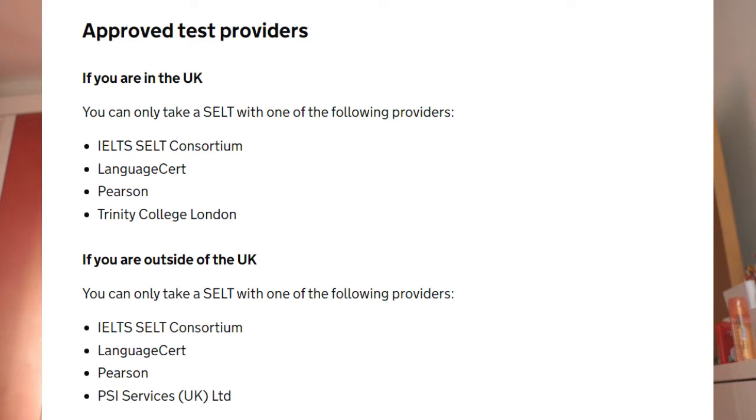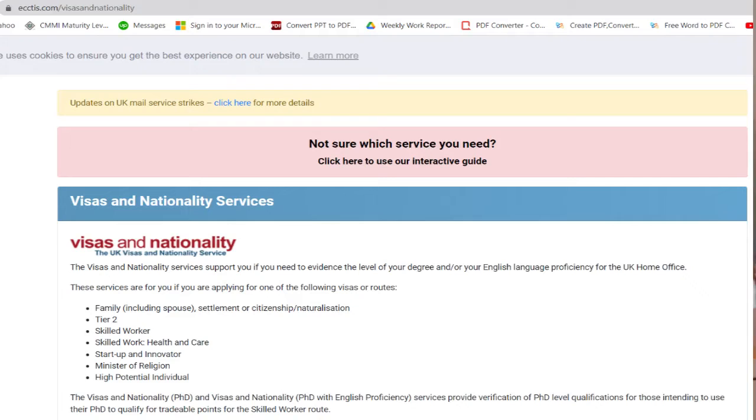Number two is the assessment of your degree certificates. If you have a bachelor's degree or a higher degree, you can also get an evaluation through organizations like ECCTIS, who will prove that you have the required standard of English needed to perform your job.